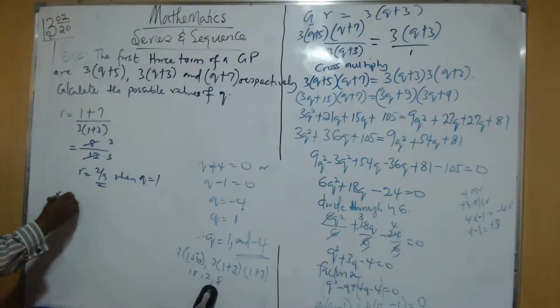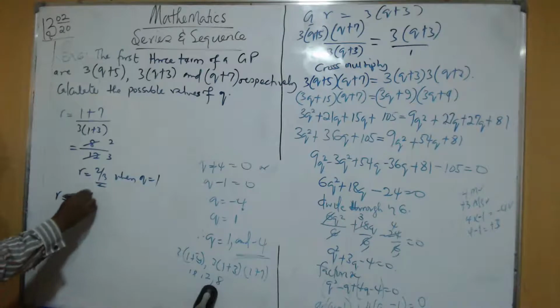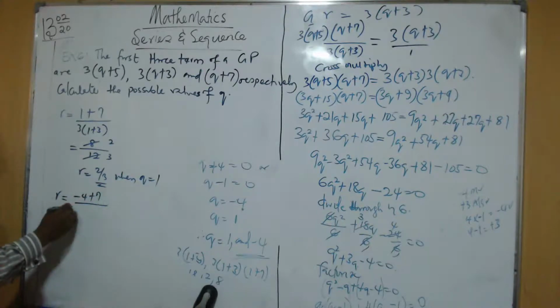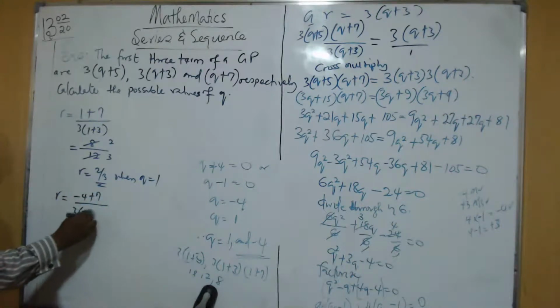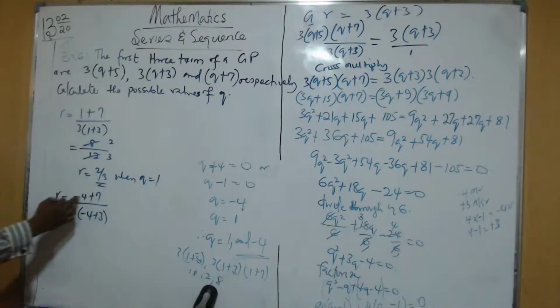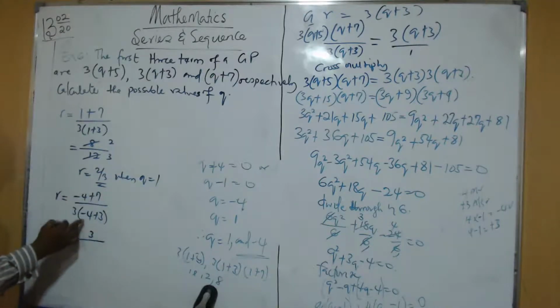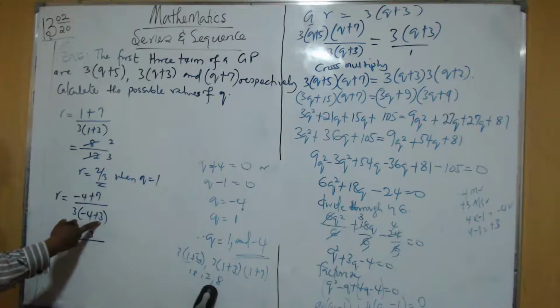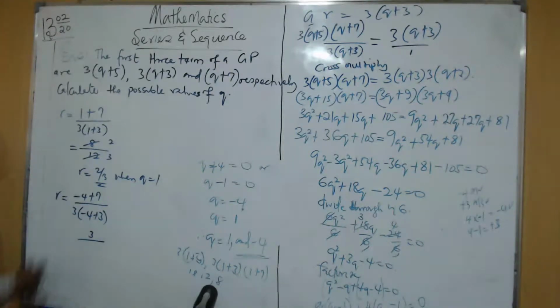That is, when our Q is 4, we're going to have R equal to minus 4 plus 7 divided by 3 into bracket minus 4 plus 3. So this we are going to have 3 divided by minus 1 times 3. So 3 divided by 3, therefore our R is minus 1.